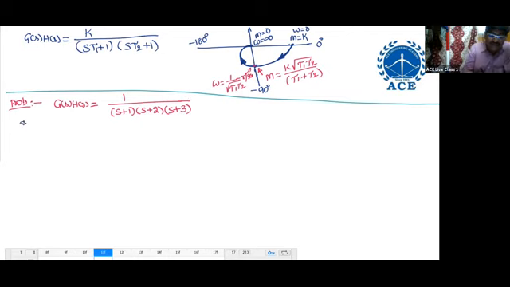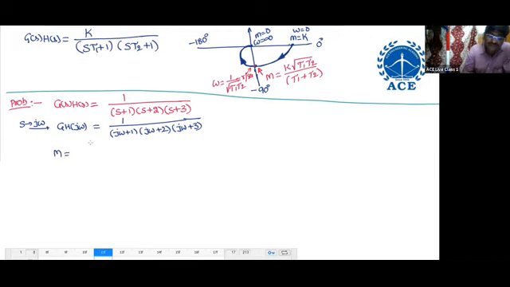S is replaced by j omega. GH of j omega equals 1 by (j omega plus 1), (j omega plus 2), (j omega plus 3).